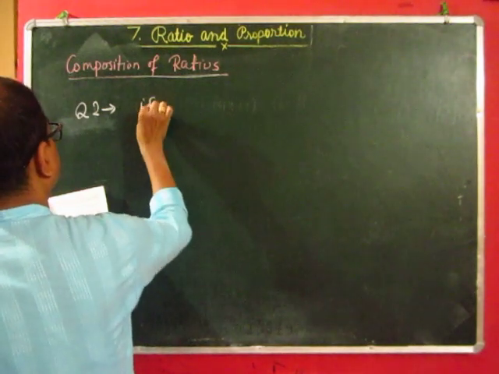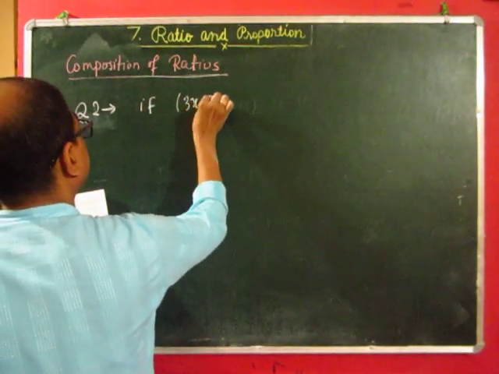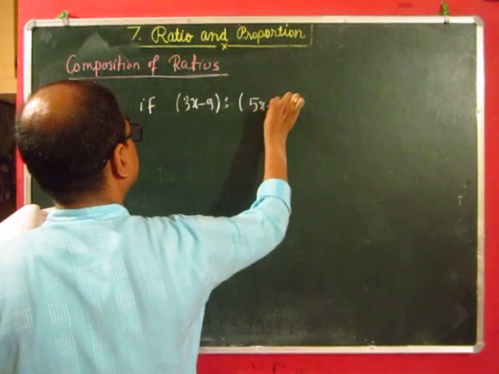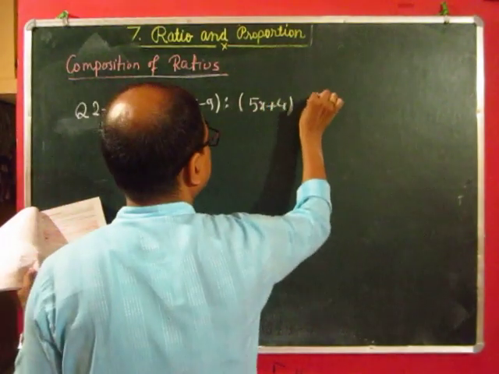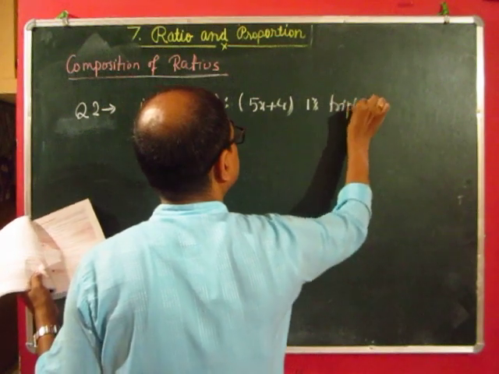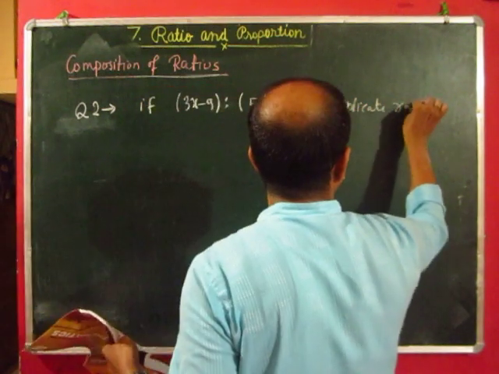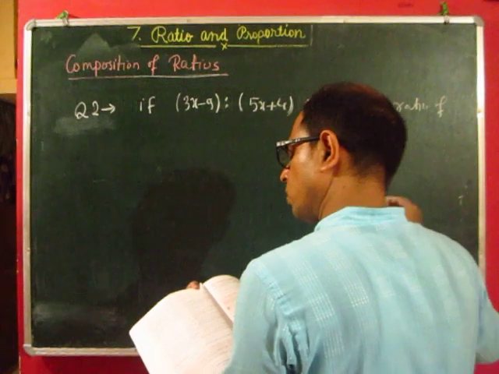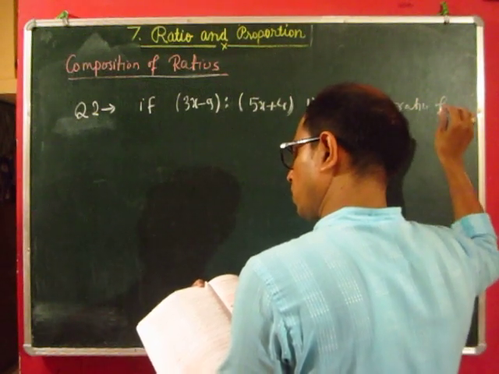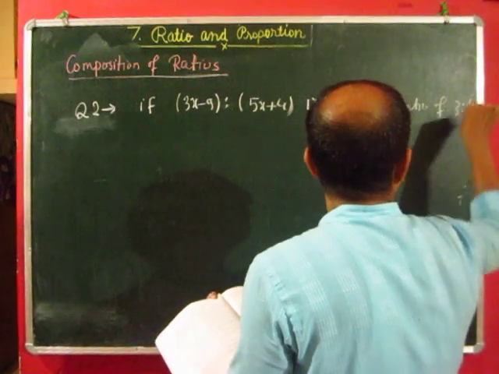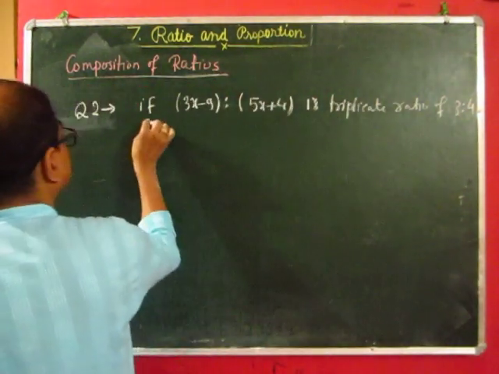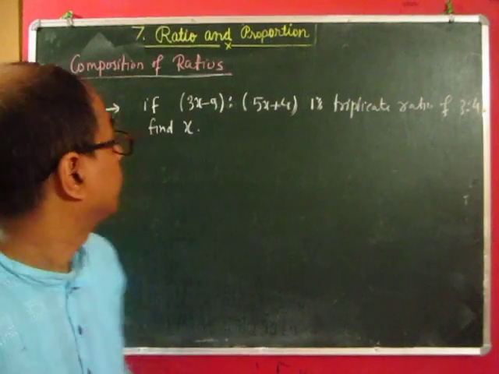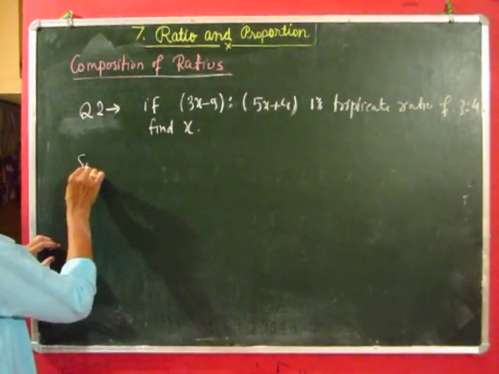If 3x minus 9 is to 5x plus 4 is the triplicate ratio of 3 is to 4, find x. So here is the solution.